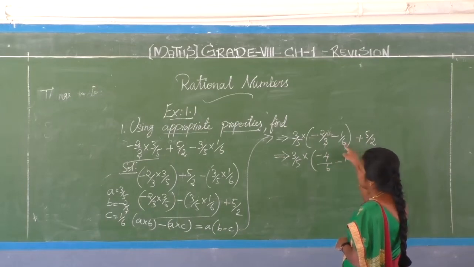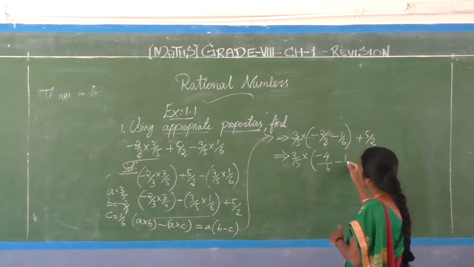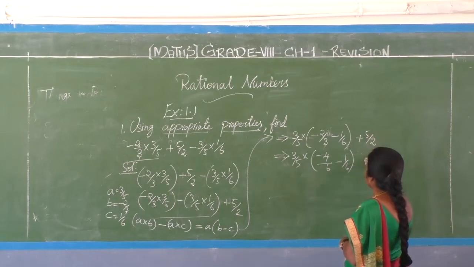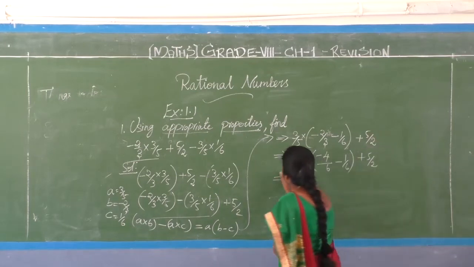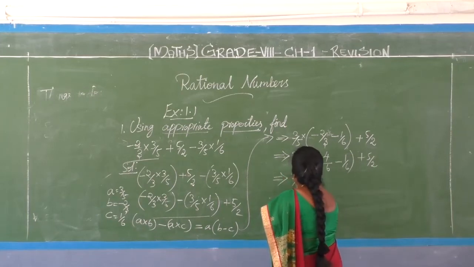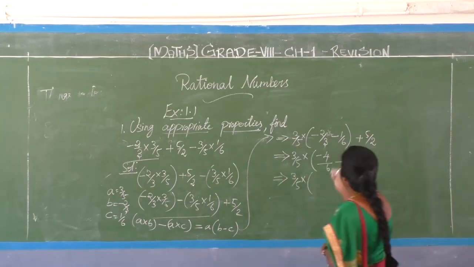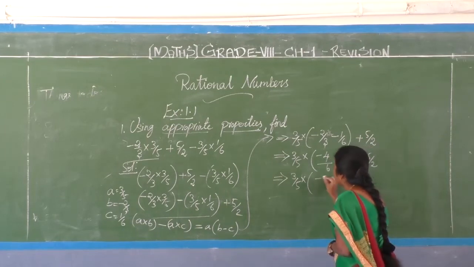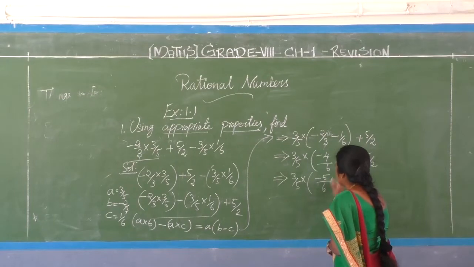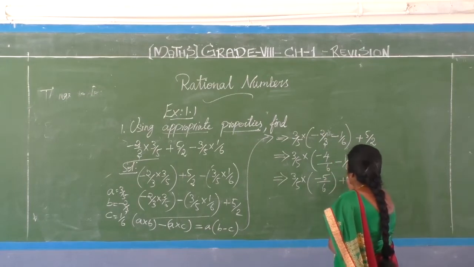Here, as it is, the LCM denominator itself is there, so minus 1 by 6 as it is. Bring it. Now 3 by 5 into, simplify, minus 4 minus 1, what comes? Minus 5 by 6. Simplify. Plus 5 by 2.